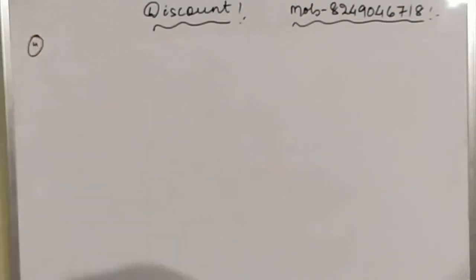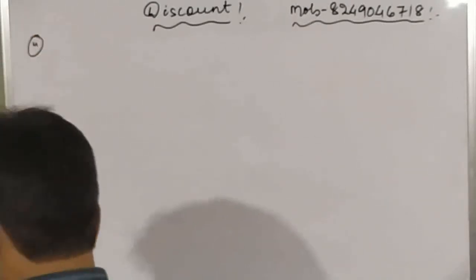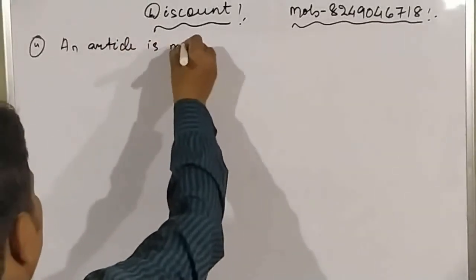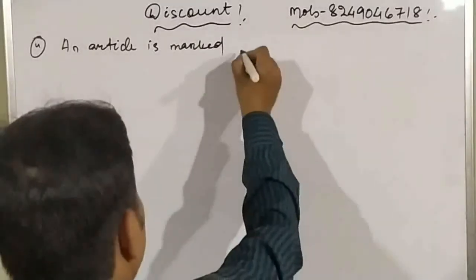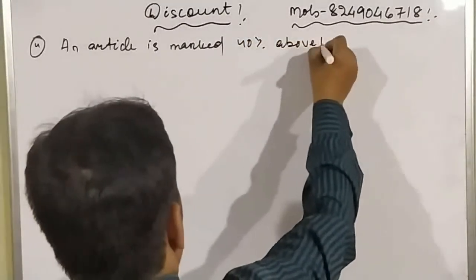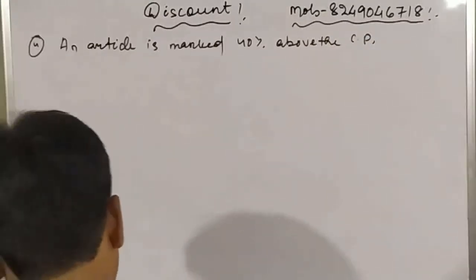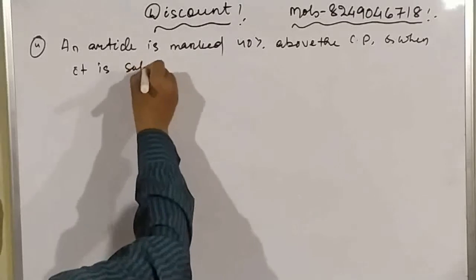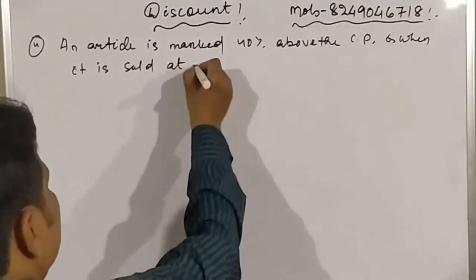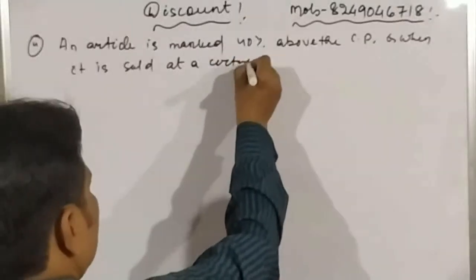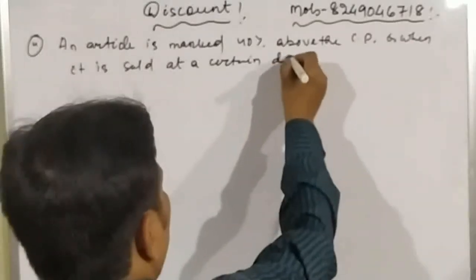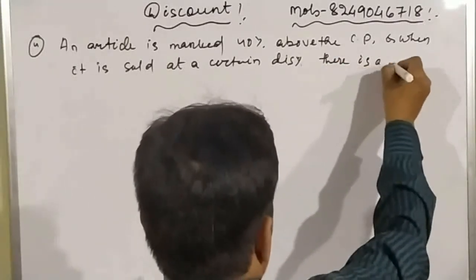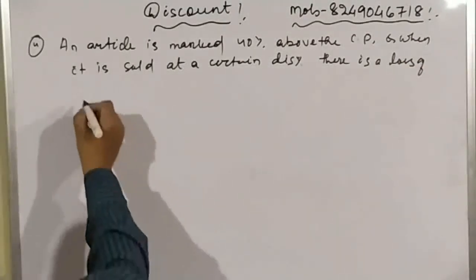So question number 4. An article is marked 40% above the cost price, and when it is sold at a certain rate of discount, a certain discount percentage, there is a loss of 2%.